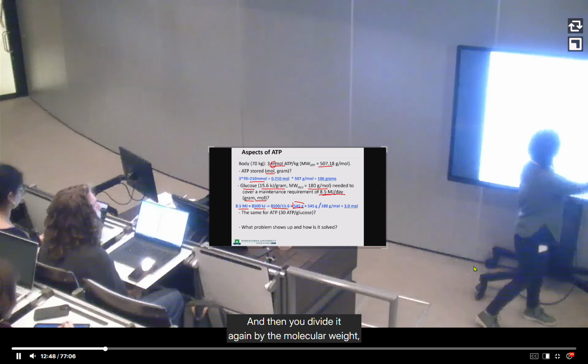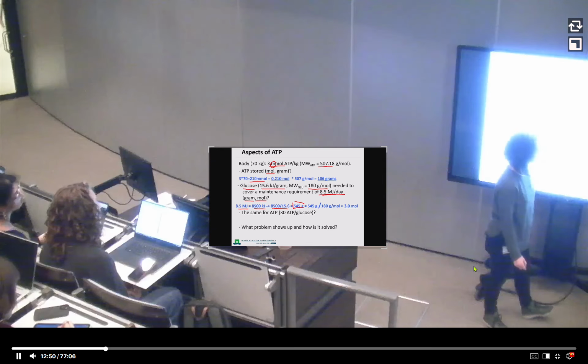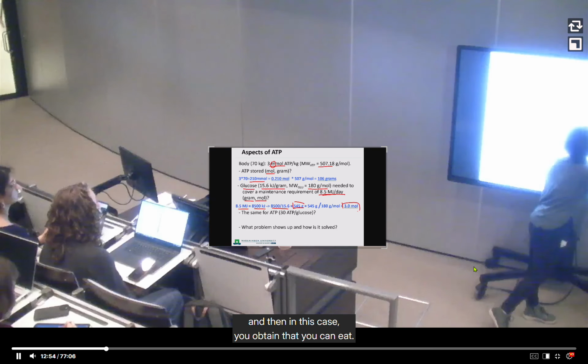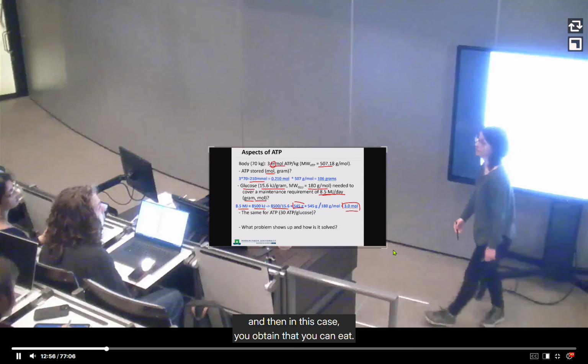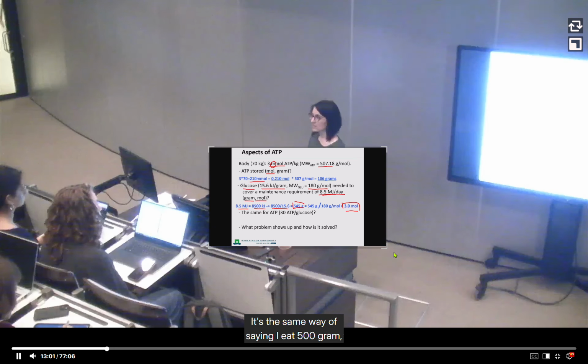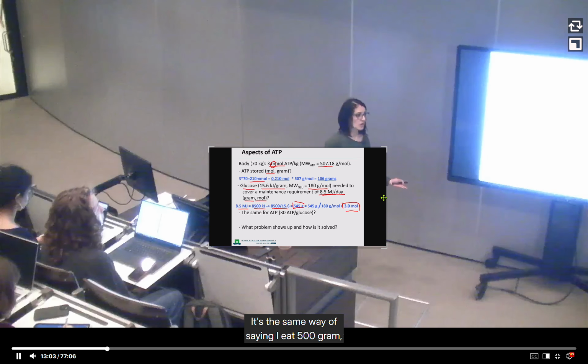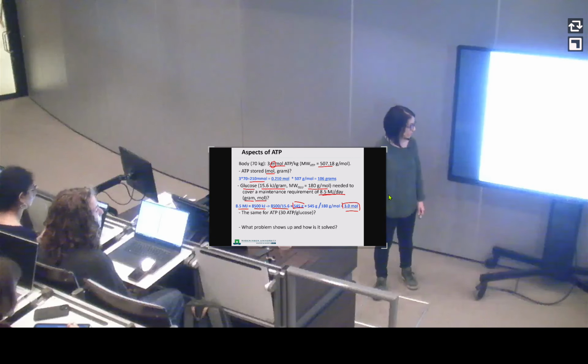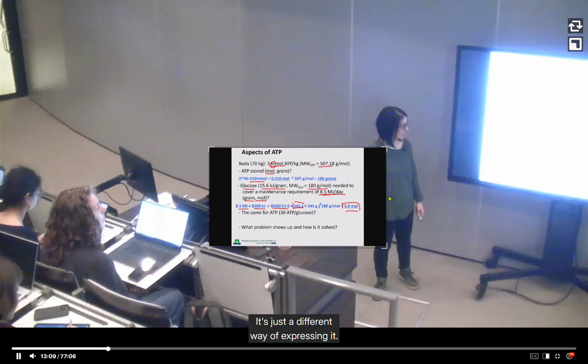And then you divide it again by the molecular weight, by the gram per mole. It's the same way of saying I eat 545 gram of glucose or 3 mole of glucose. It's just a different way of expressing it.